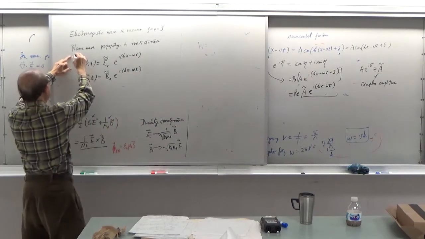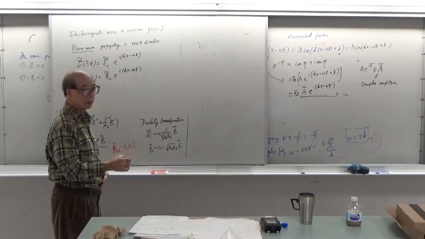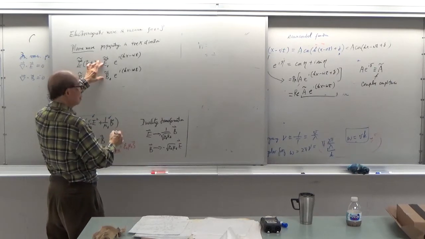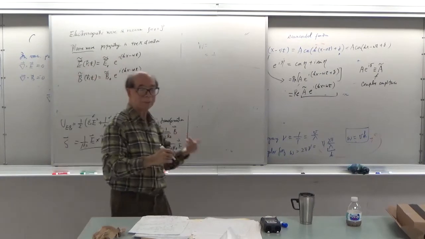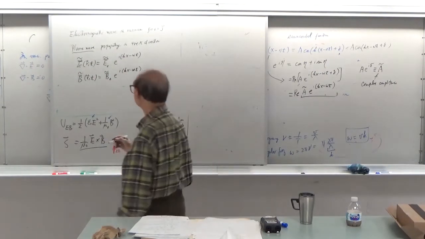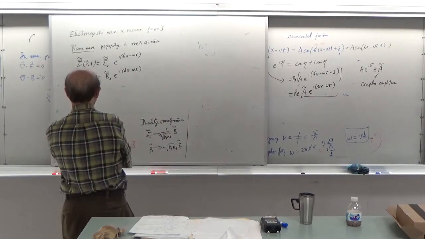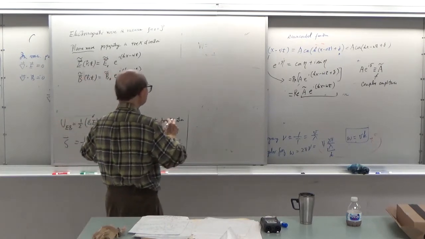When we talk about a plane wave, that means that there's no space dependence in the amplitude. So these are constants, independent of x, y, z. That's a plane wave. All right, and with that, we can start our discussion.